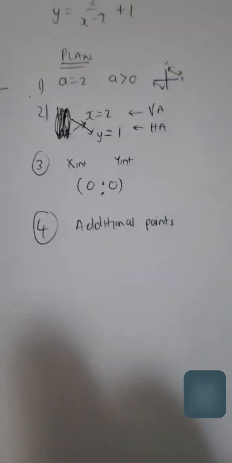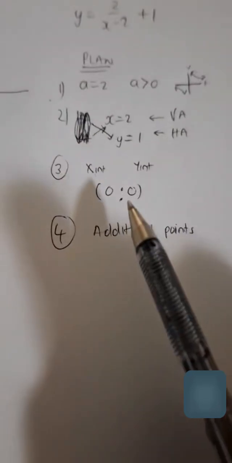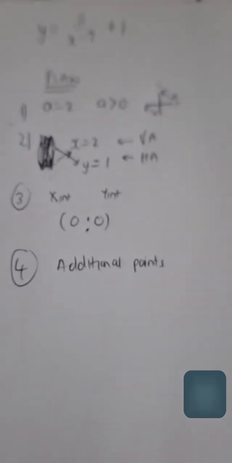So the rest will be additional points that will help us to know and understand the shape of the function. We will look at those additional coordinates that can help us to clearly define what the hyperbola looks like. So with that information, we have relatively good enough information to sketch the function.